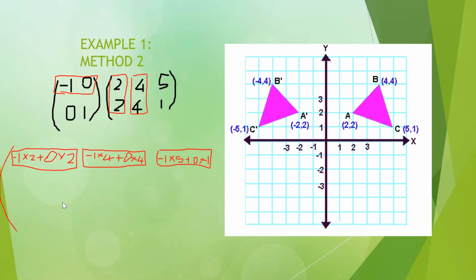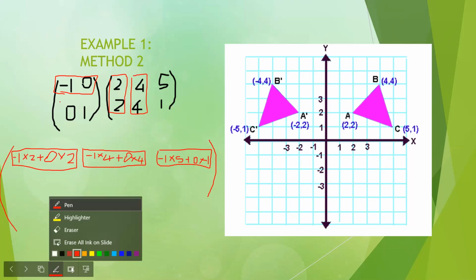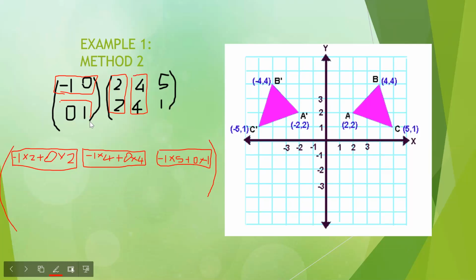How do we get the bottom, people? 0 times 2. You have to do 0 by 2 plus the second one. Very good. I'll do the same color here. So 0 by 2 plus 1 by 2.